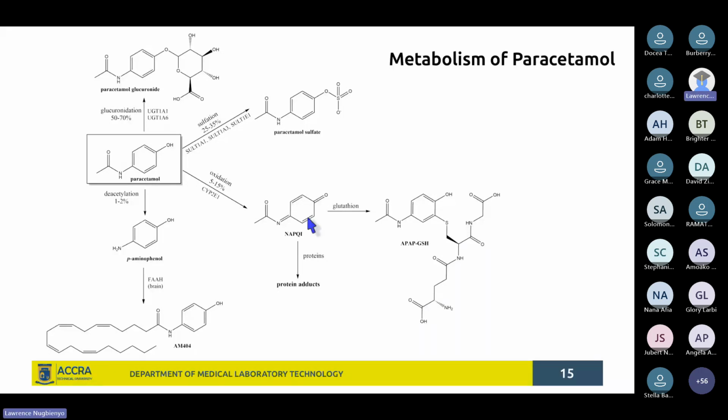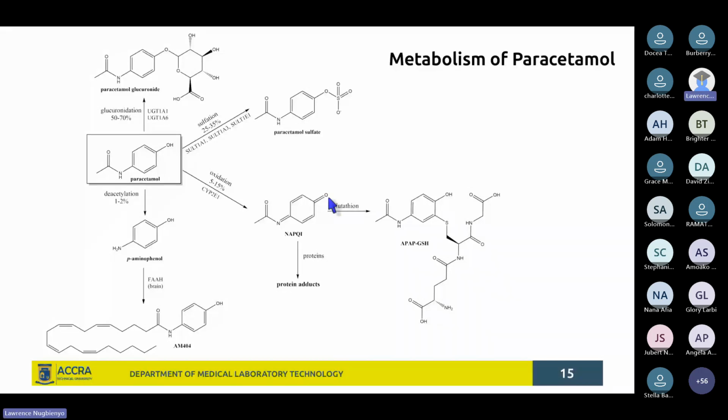And what you see in place of the hydroxyl group, which was on the carbon number 4 there, you see that you have this cyclic ketone group.